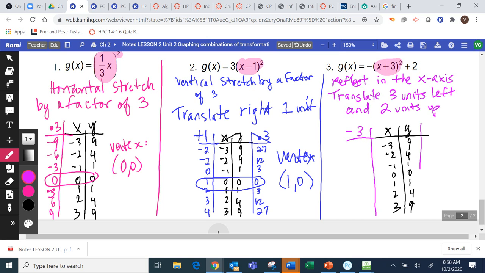So since we do have a negative sign, that is the exact same thing as multiplying by -1. And then we add 2.